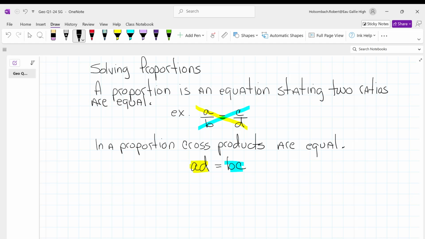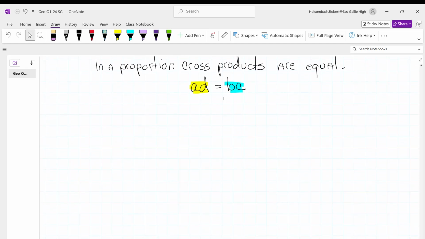So if you're asked to solve a proportion, and we get 4 over 3 equals 8 over x. All right, just crisscross multiply. And it doesn't matter what order you go in.